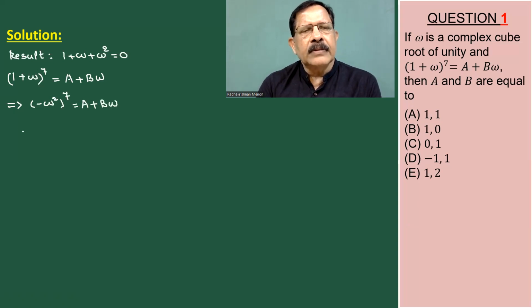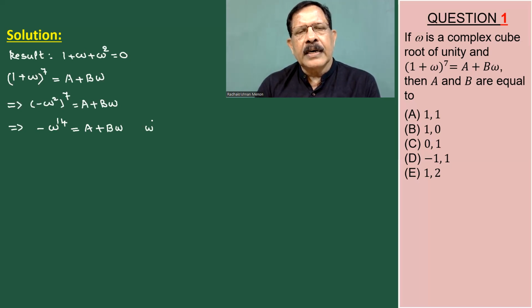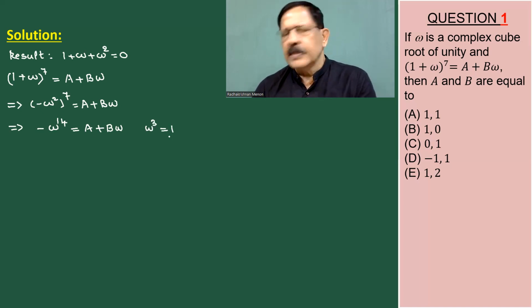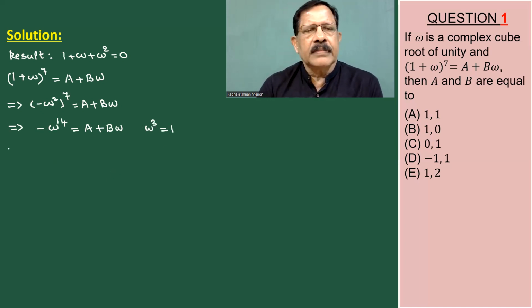Now, what is (minus omega squared) raised to 7? Power is odd, so the minus remains as it is. It is minus omega raised to 14, equal to a plus b omega. Now, we know that omega cube is equal to 1 because omega is a complex cube root of unity.